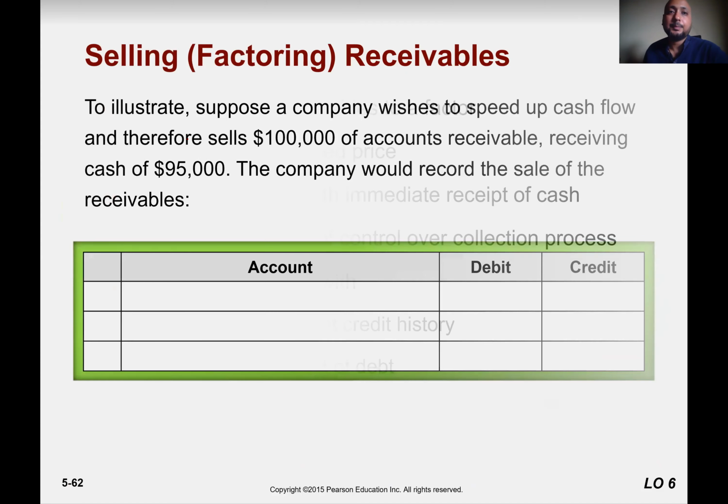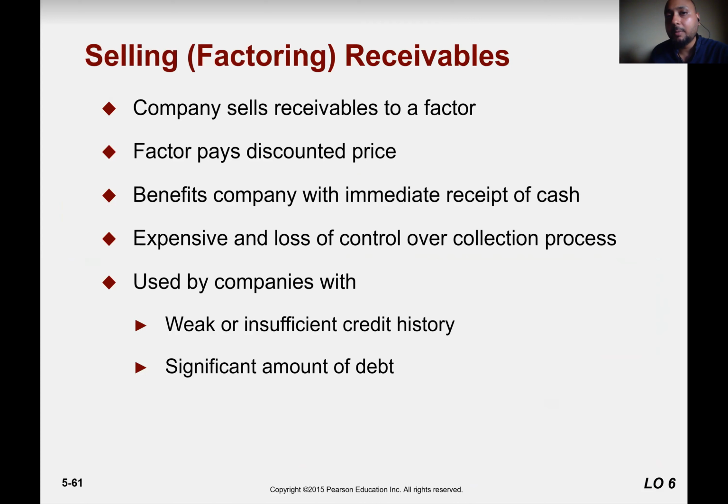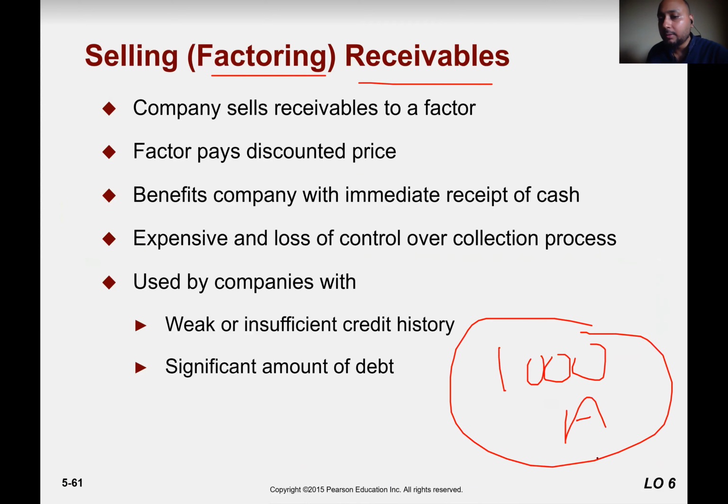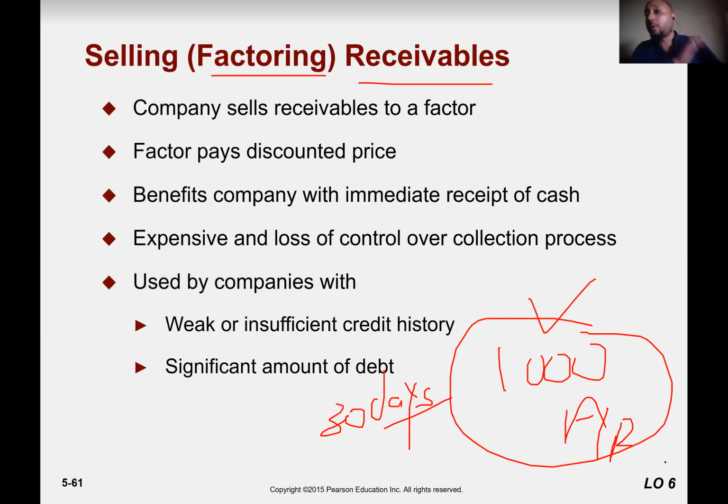Now, selling the receivables, which we call factoring, means if a company has 1,000 worth of accounts receivable that is going to be collected in 30 days, the company can sell its accounts receivable to another party, to some security companies or collection companies, for example, for $800.